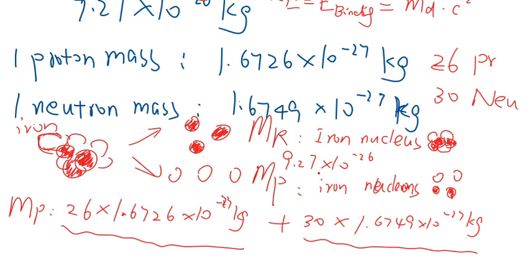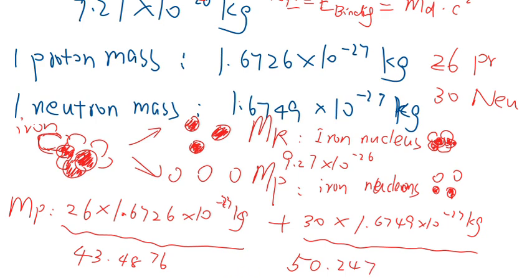So let's see, 1.6726 is going to be, this part is going to be something like this. And this part is going to be 30 times 1.6749. It's going to be 50.247.